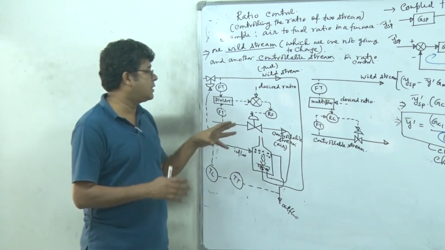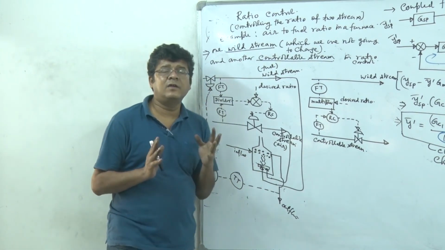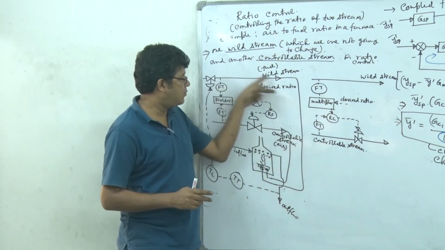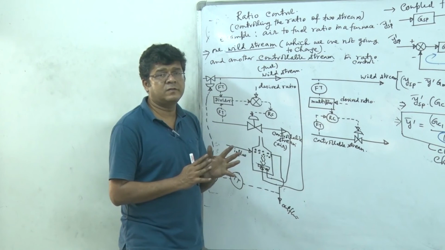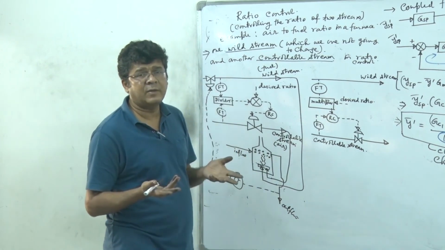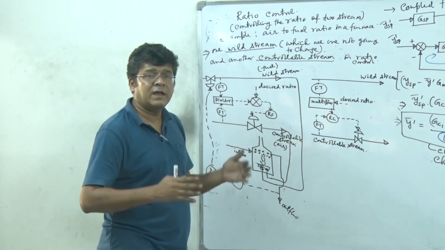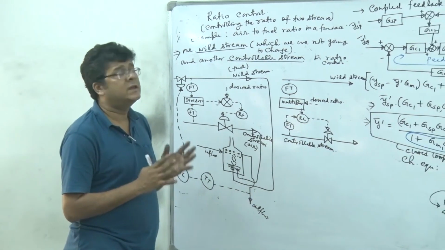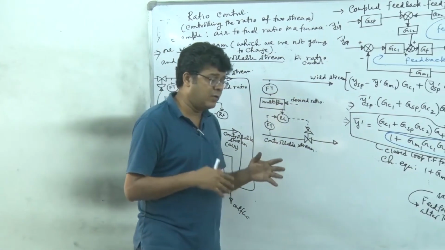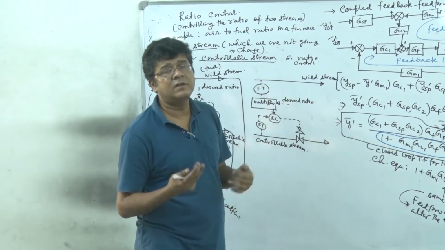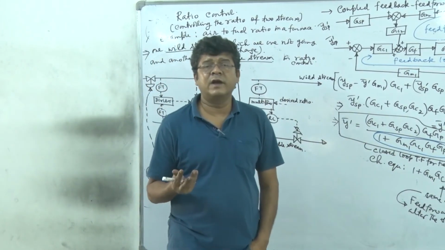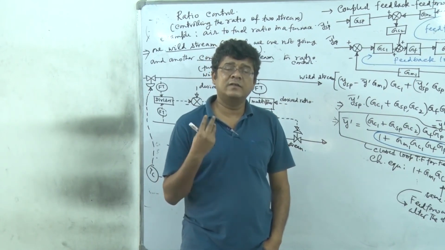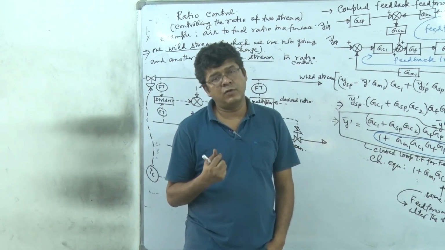Why is it referred to as a kind of feed forward? Because before the two streams mix in the furnace or in some other process unit, we are changing their ratio in advance. Whenever we do some control action in advance, we know it is a feed forward strategy. So essentially we call ratio control a special class of feed forward control.